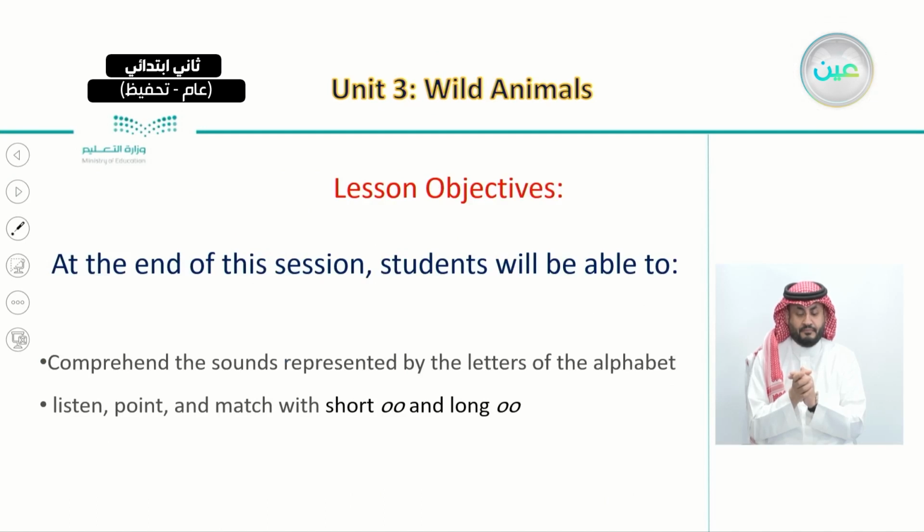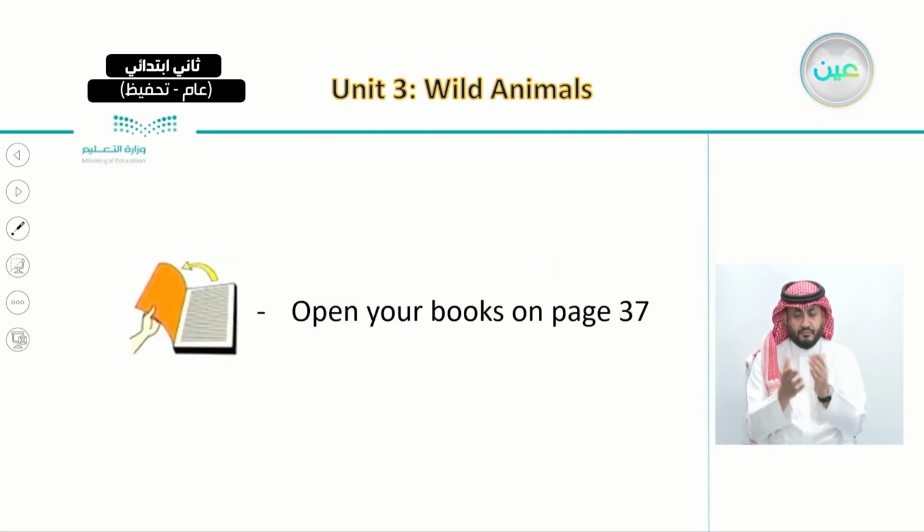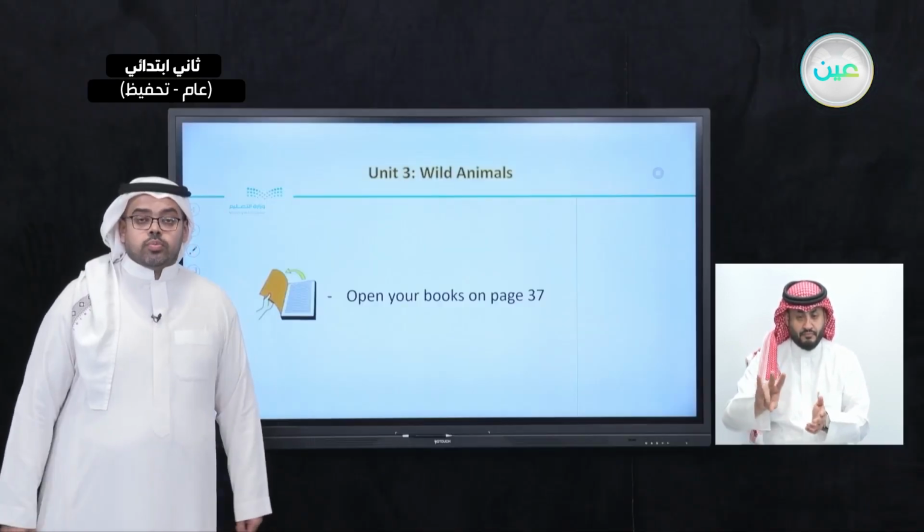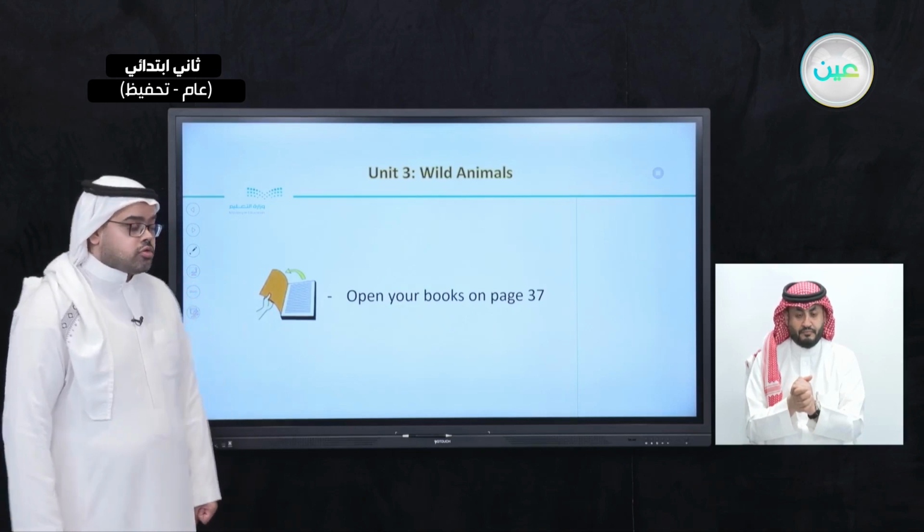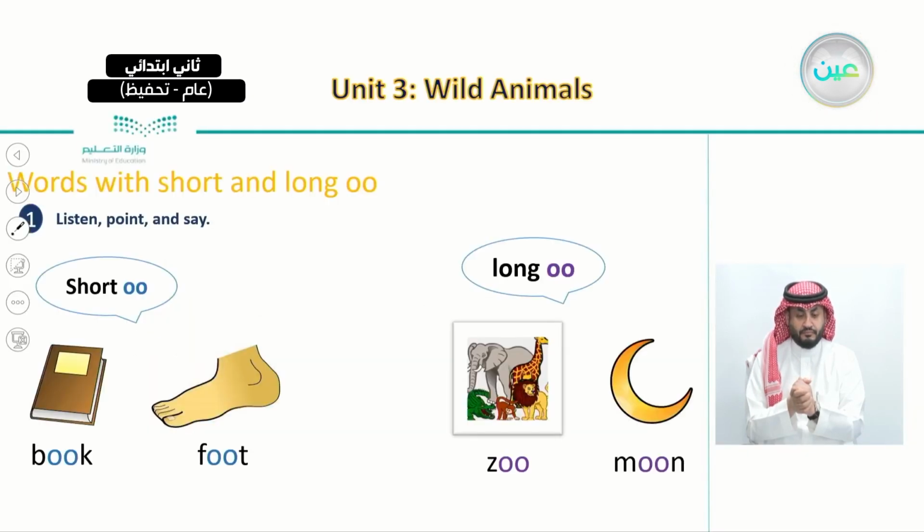So now let's get to know our objectives in today's lesson. At the end of this lesson, we hope that you will be able to comprehend the sound represented by these letters of the alphabet, and also to listen, point and match with the short double O and long double O. So now I would like you please to open your books on page 37.